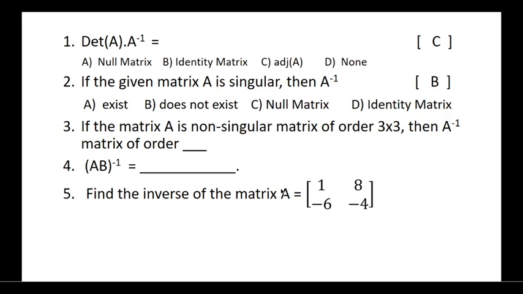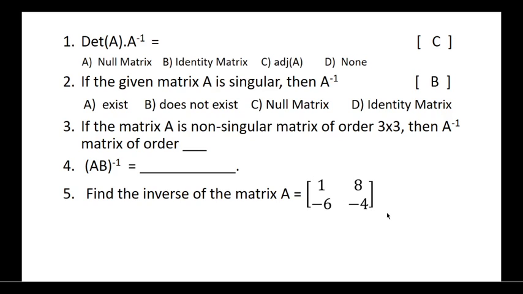First we find the determinant of A. Already we learnt about determinants of matrices in previous sessions. Here the determinant of A equals 1 into minus 4 minus minus 6 into 8.